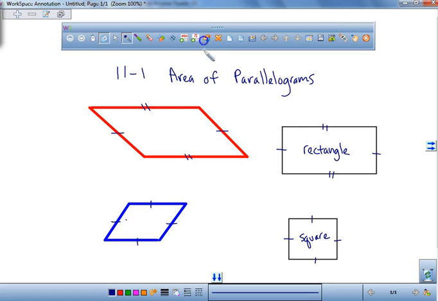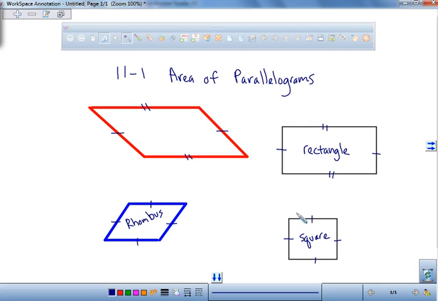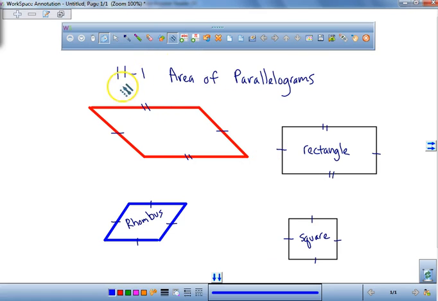The board will wake up. I know it's the last period of the day. The board's kind of tired. It's worn out. It's just not wanting to work. I don't know why. There we go. I had to knock a little sense into it. All right. So here we go.